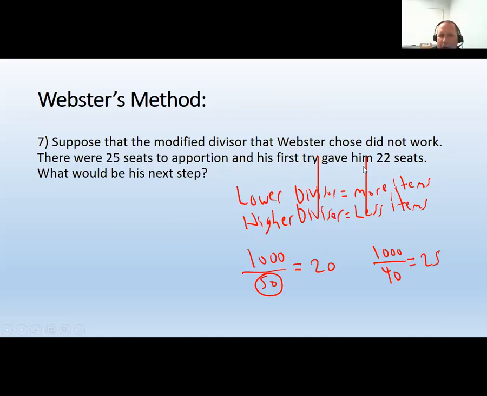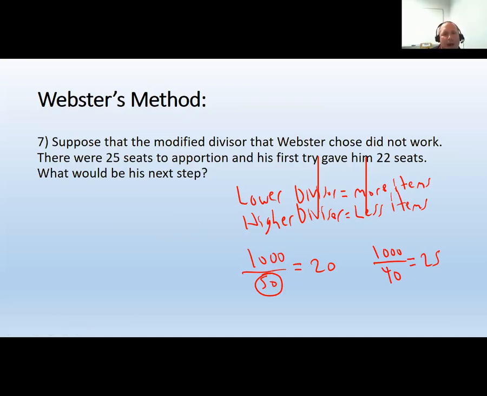On the first try, he only had 22 seats apportioned, and he needs to apportion 25, so he needs more seats going out. The way to do that is to lower your modified divisor. It's trial and error when you're choosing these divisors, basically.